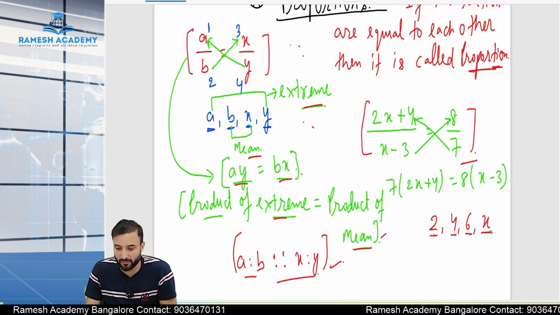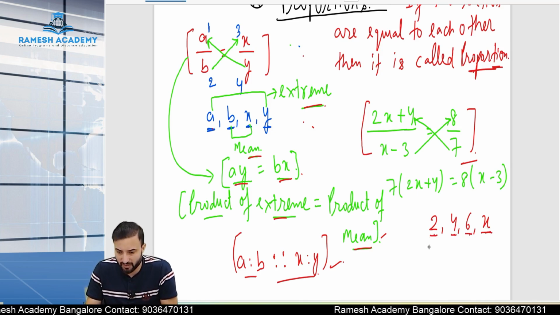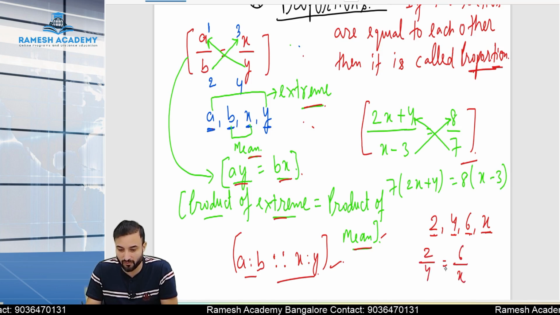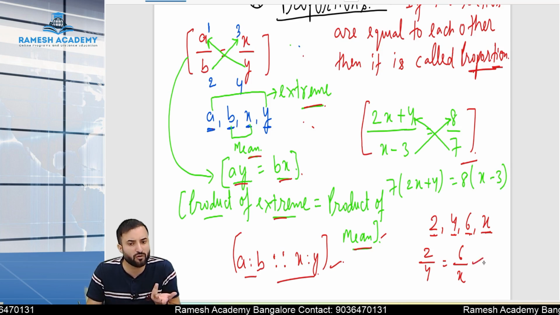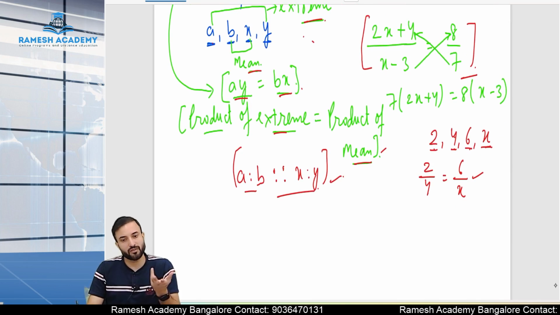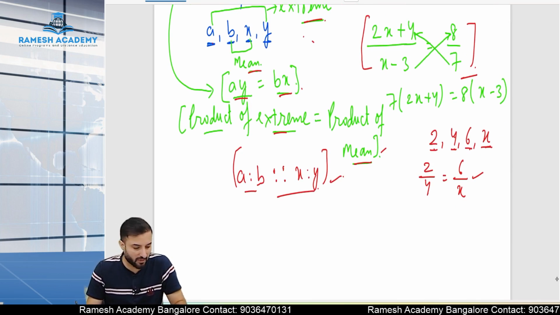So we take the fourth quantity as X: the first quantity is 2, the second is 4, equals the third quantity 6, and the fourth quantity X. Then we do the cross multiplication and get the value of X. Understand? This is the first question they will ask.